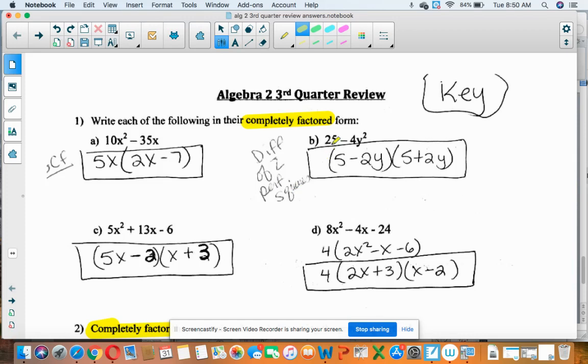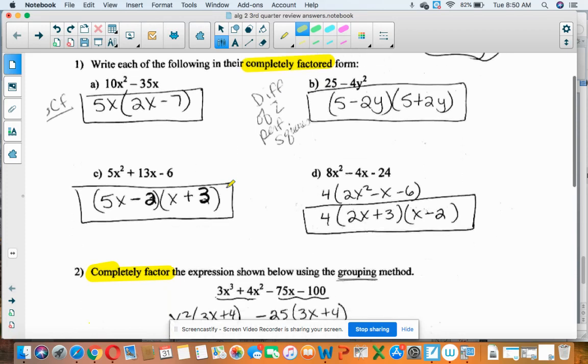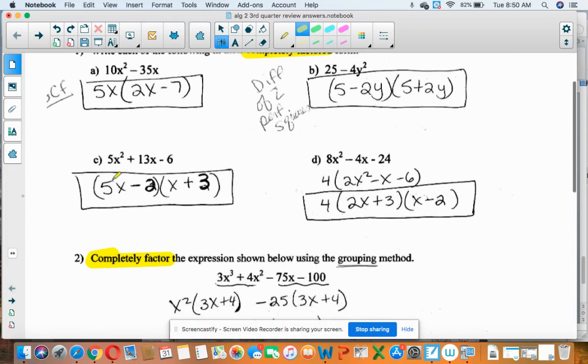1B is the difference of 2 perfect squares. So 25 minus 4y squared, the factors are 5 minus 2y and 5 plus 2y. C is just a trinomial that I'm factoring. So 5x times x is 5x squared. And then you do have to play around. You're saying what numbers multiply to 6 and combine together to give me the 13.